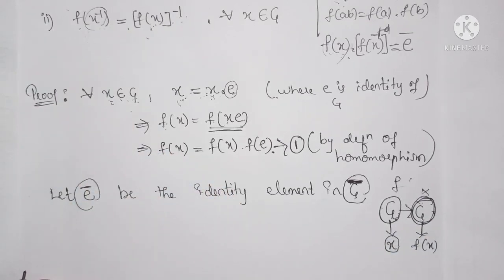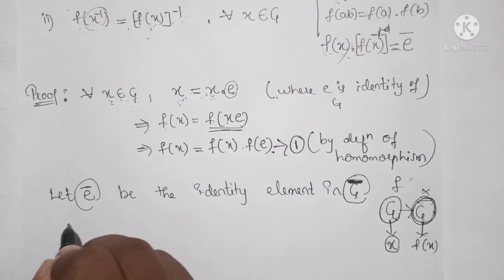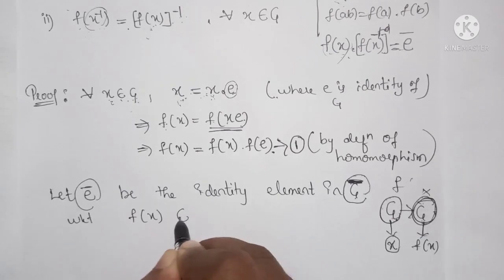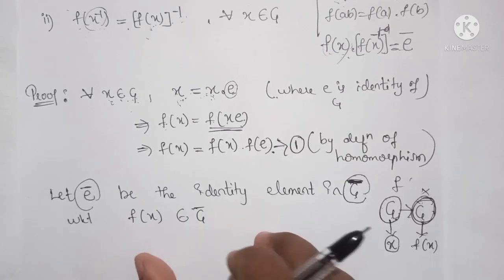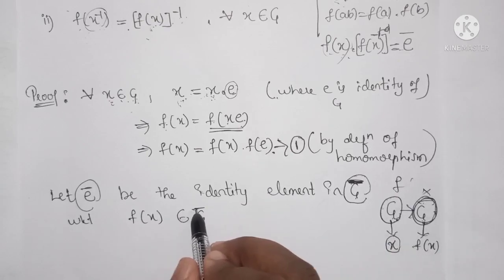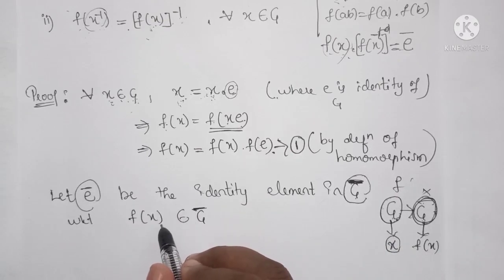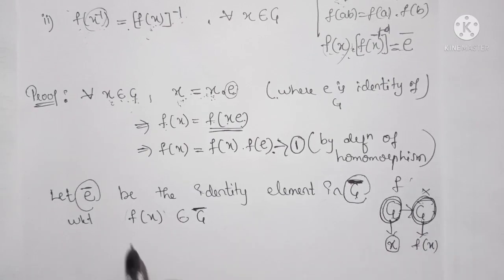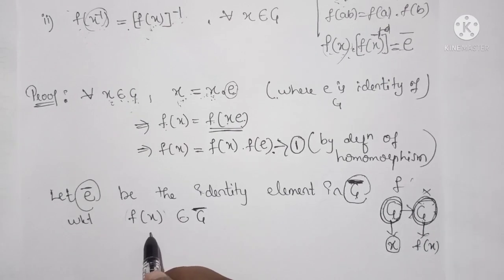Okay, therefore, also we know that f of x belongs to G bar, because as I told you, G bar always contains elements which are the images of the first group. So always the elements of G bar are in the form of f of x only.